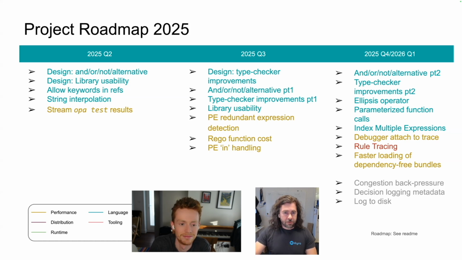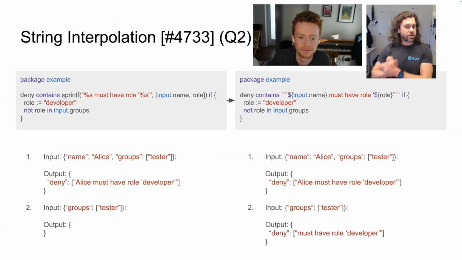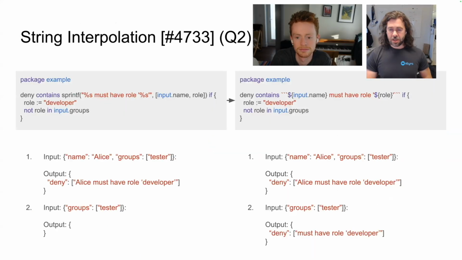The first item is string interpolation, which is fairly common in other languages, and we want to bring that into Rego and OPA. String interpolation is basically a means to calculate values directly into a string.